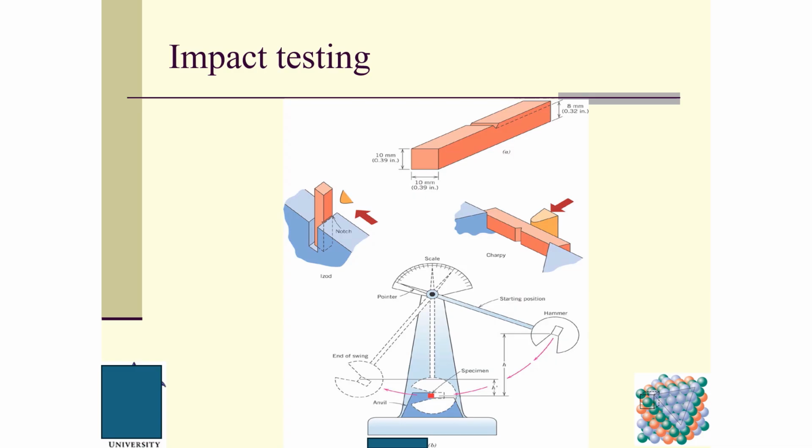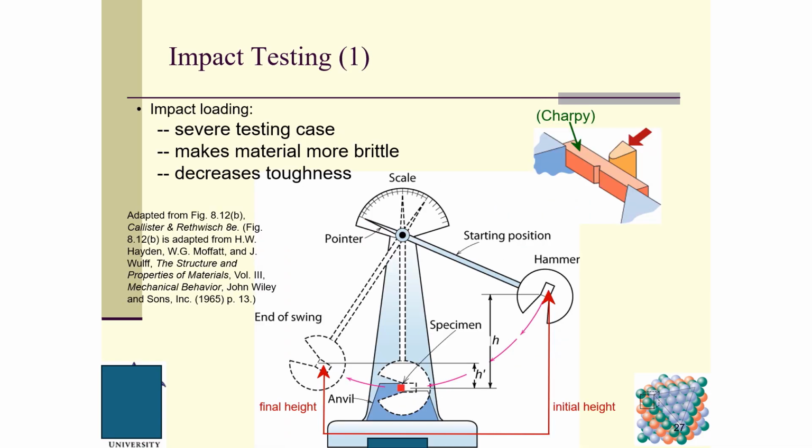This one is IZOD, with the letter I. This one is CHARPY. This is a severe testing case that makes the material more brittle and decreases toughness. This is CHARPY and this is IZOD.